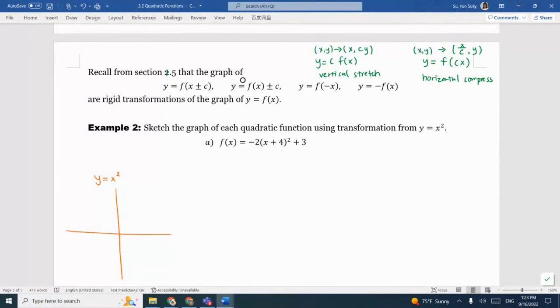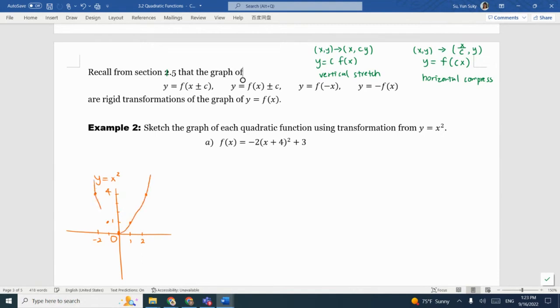And then the key points are (0, 0) and (1, 1). What's 2 squared? 4. Yes. Okay. (-1, 1), right? (-2, 4).